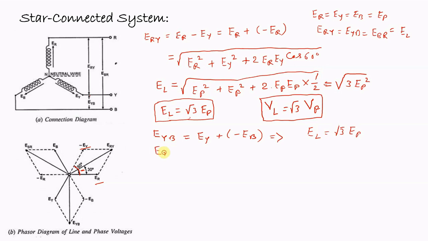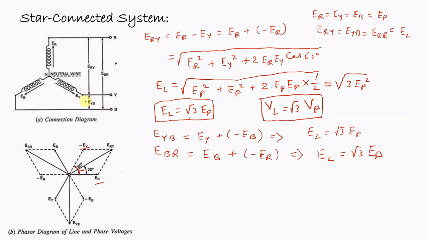And similarly, EBR is again EB plus minus ER, and it will be the same expression, that is the line voltage will be root 3 times of the phase voltage. So for a balanced and symmetrical system, this is the expression of the line value and the phase value.